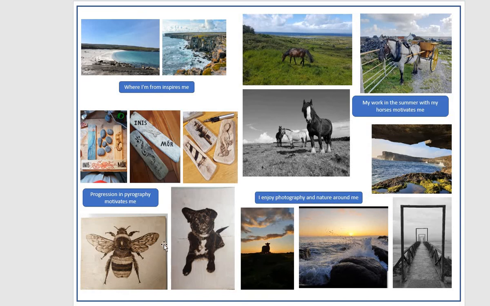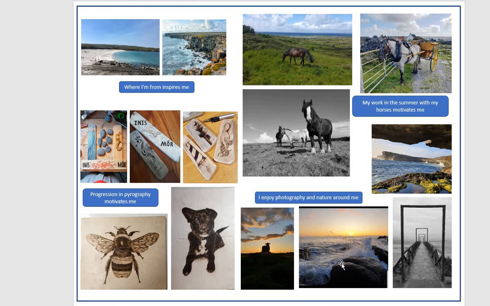So that's a nice motivator there, and even a bit of cash in this as well from something I enjoy doing, which is great. I really enjoy photography and have been picking up on that lately, and basically wherever I go I have the camera with me. And yeah, it's nice to get some nice feedback from people on my photos and on my pyrography as well.